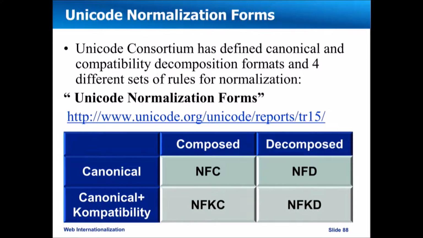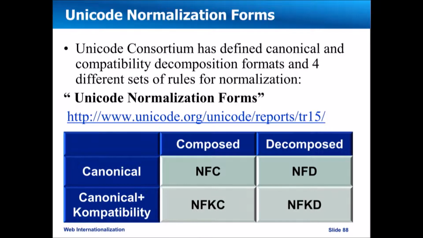And Unicode said, well, what should we do? We need a standard representation. We could have all of the characters move to a composed form, if that makes sense, and we can deal with just the canonically equivalent characters. But then some people might want all of the characters in a decomposed form because it's nice for pulling out, let me just see which accents I want to match, or diacritics.